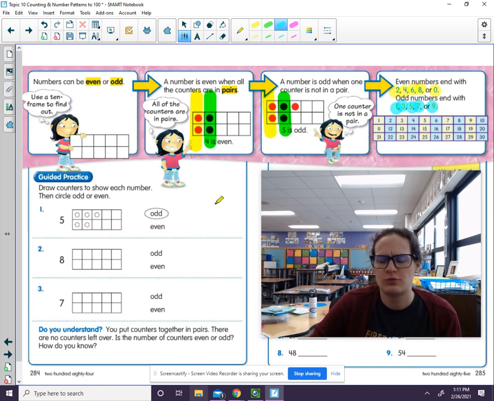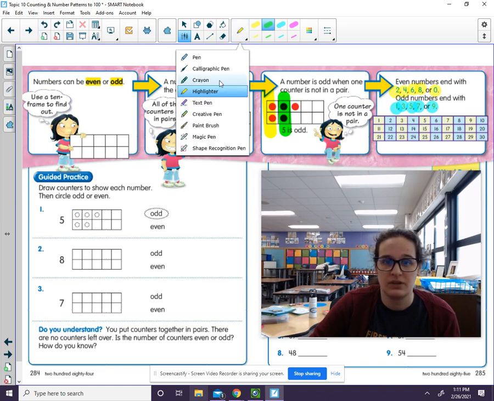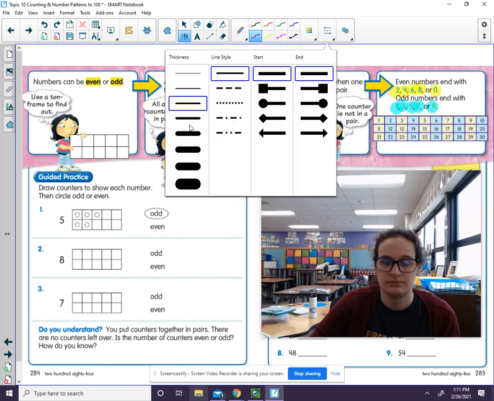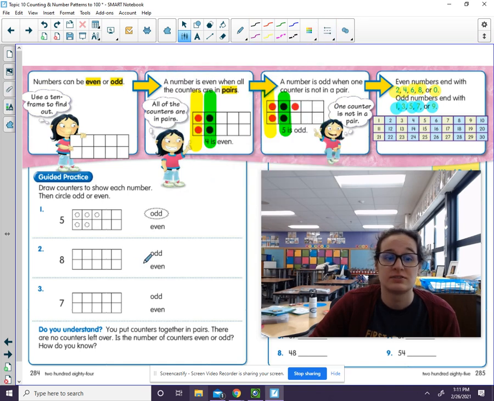But let's first focus on drawing counters to help us make that connection. So for 5, I'm going to draw counters. Each time I put a counter on, it needs to be with a pair. Okay, so again, when I put my counters on the 10 frame, I'm going to go top to bottom. 1, 2, 3, 4, 5.